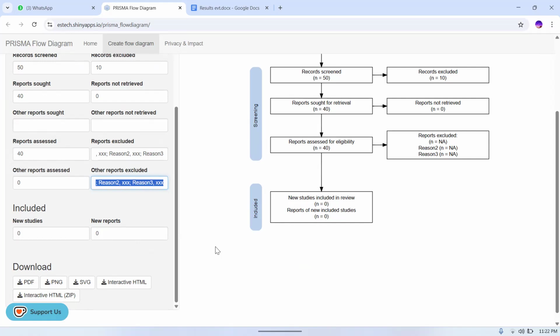Others, I am writing in this. Other reports excluded, basically, I have to write over here. Okay. So, wrong patient population. I gave my first reason. Let's say wrong patient population 50, the articles are excluded because of this.